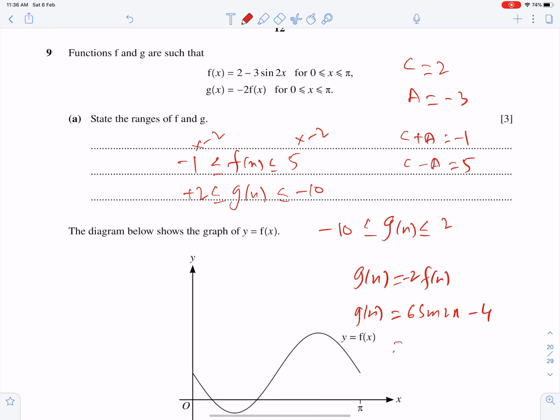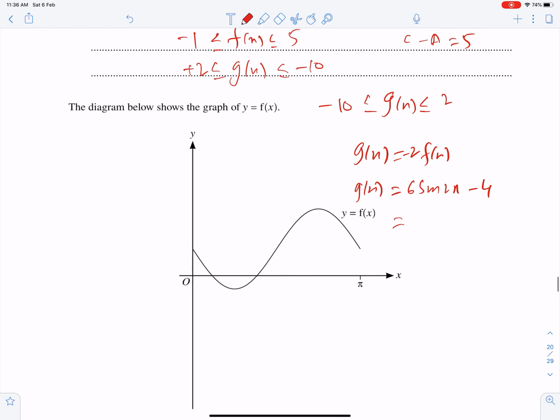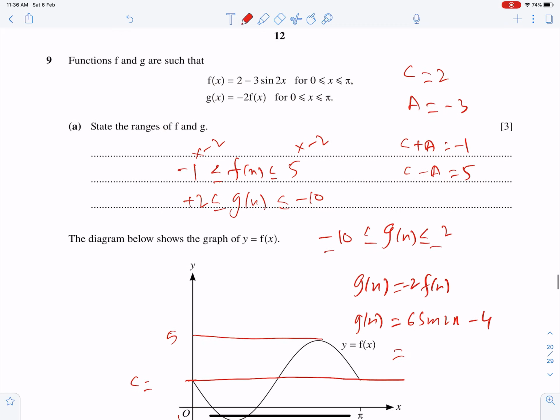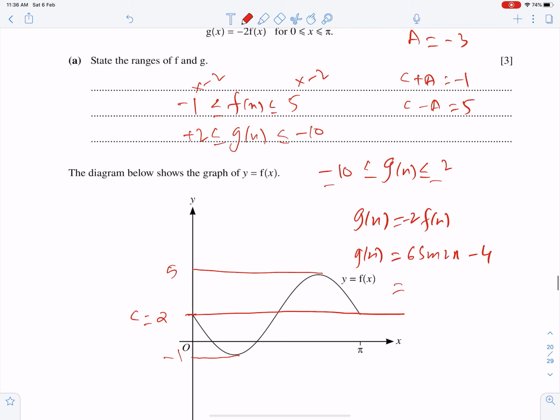Now, you know the range of g(x) is minus 10 to 2. Well, this is the range of f(x), minus 1 to 5. And this is the c of f(x), positive 2.